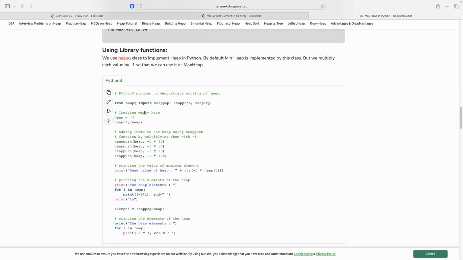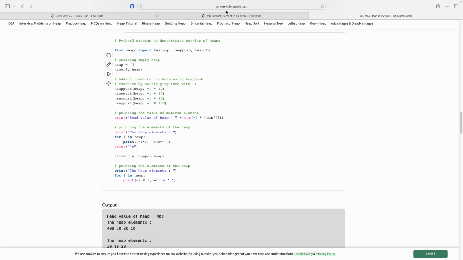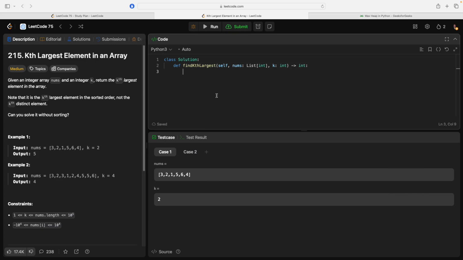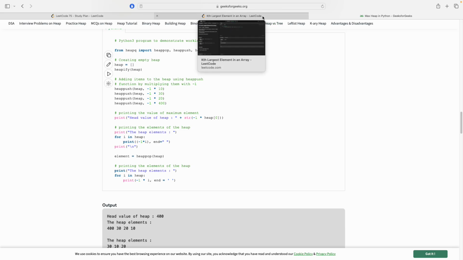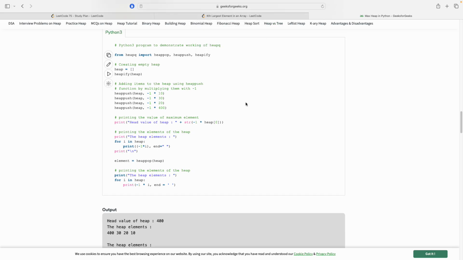So adding items to the heap. Oh, okay, that's cool. So we could just make a max heap by making a heap, and then pushing elements to it.